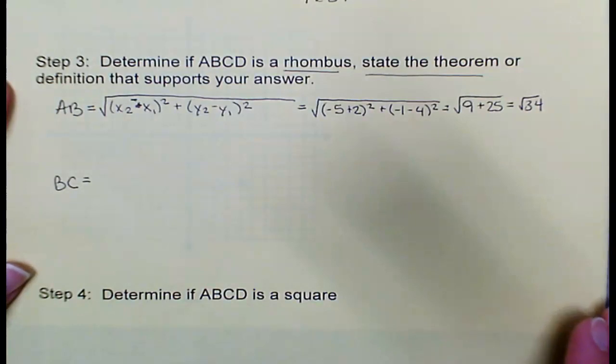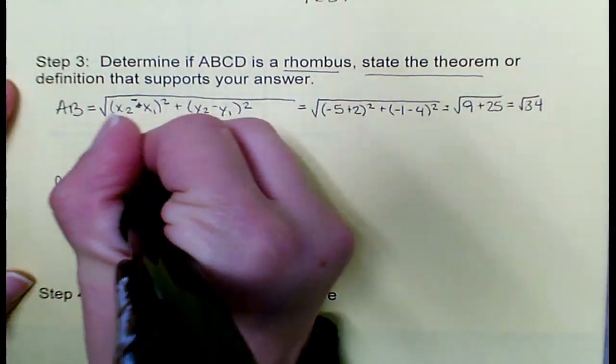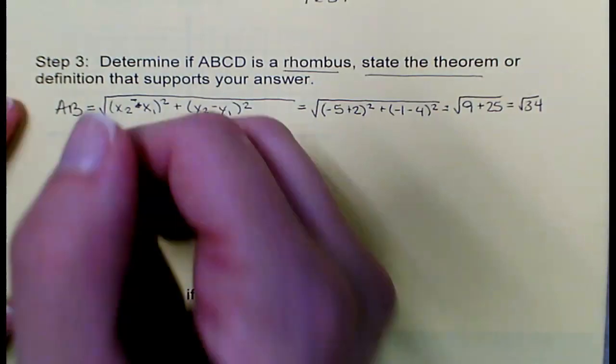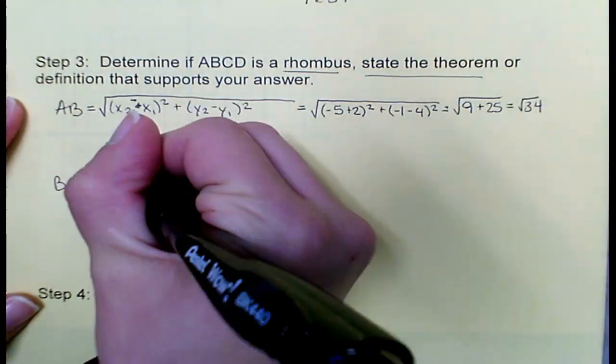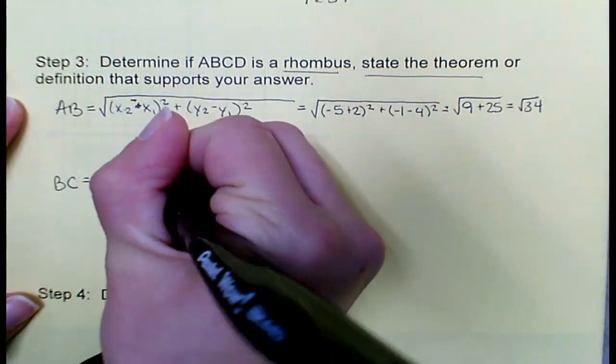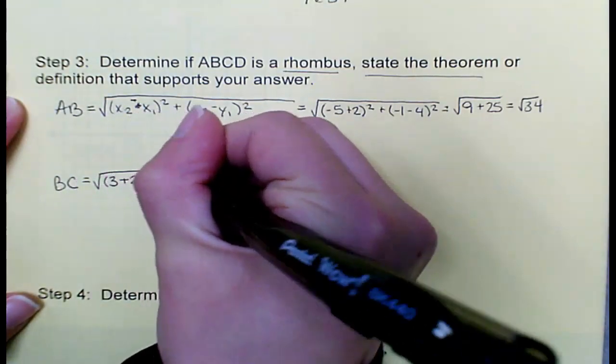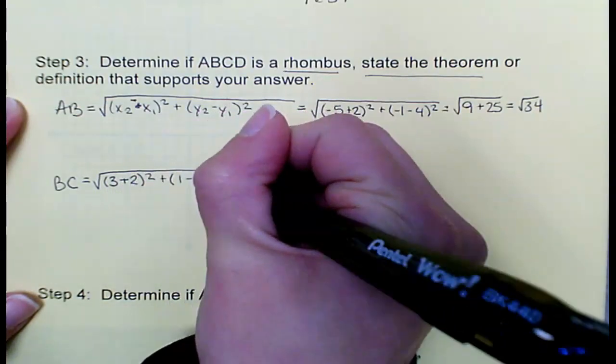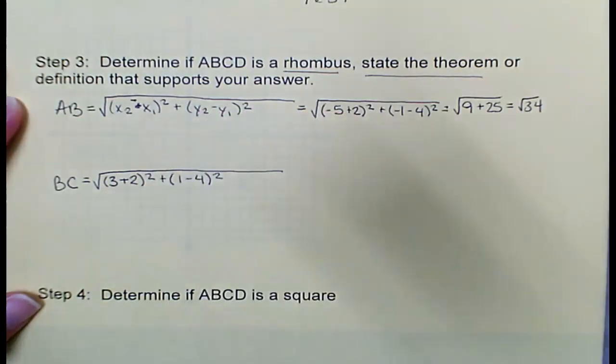If I wanted to, I could simplify that, but I'm just going to hold off and see what BC's distance is. So my formula is the same. I'm going to go ahead and insert my values for point B and point C. I have 3 minus -2, so 3 plus 2 squared, plus 1 minus 4 squared.